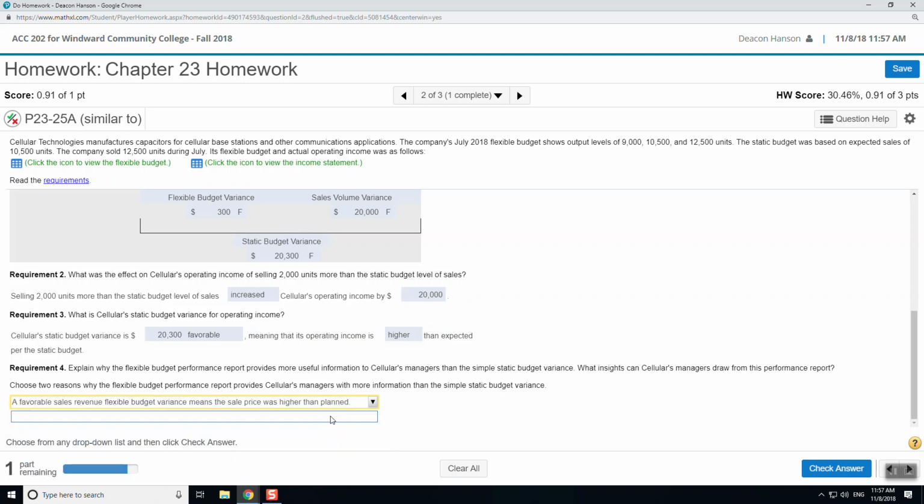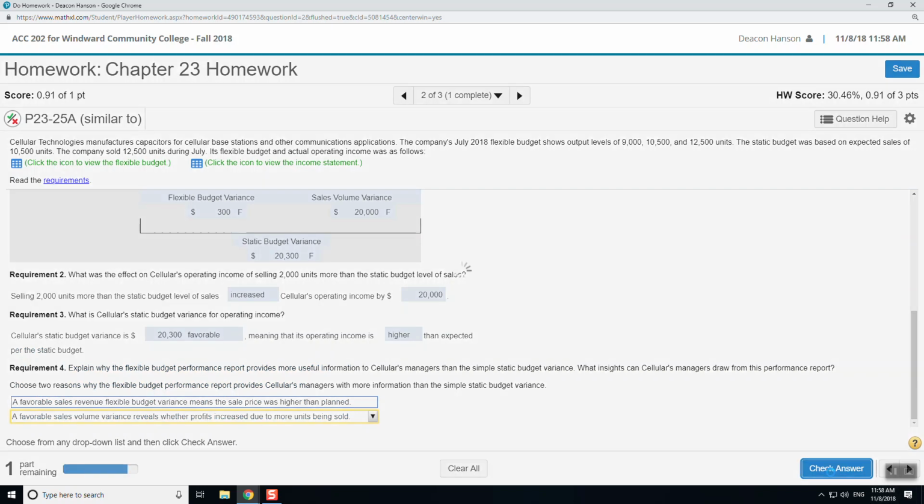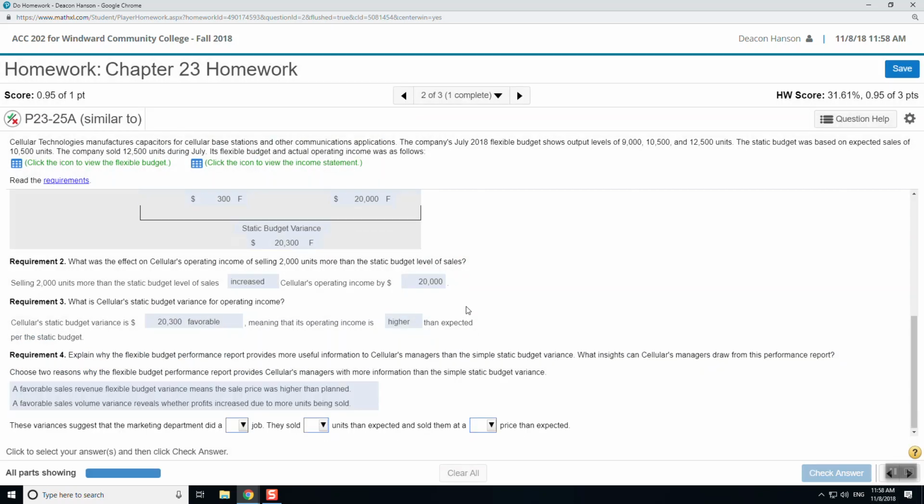That's true. Then make sure they didn't mix them around in your second attempt. It's still the same four options. We liked the fourth. An unfavorable sales revenue flexible budget variance means the sale price was higher than planned. We didn't like that one. A favorable sales volume variance, more units being sold. We did okay. Any questions so far?